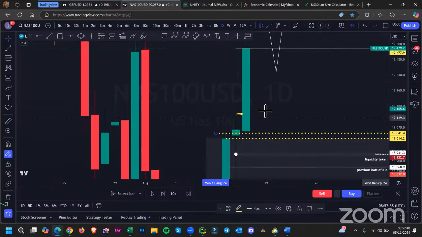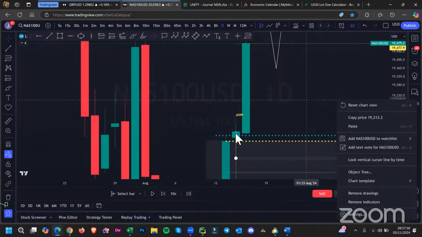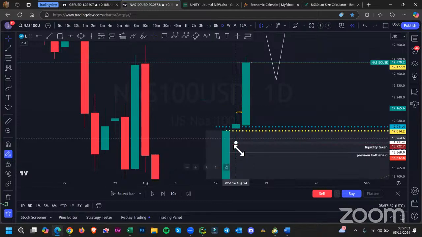Which one is it? Let me see. So this is now Thursday here. So Wednesday, that target would have been at least the high of that previous candle, which is here, unfortunately. So if we got an entry around here to here, that blue line would at least have been a target for the day. Obviously, we've seen that our market's actually run past that level.